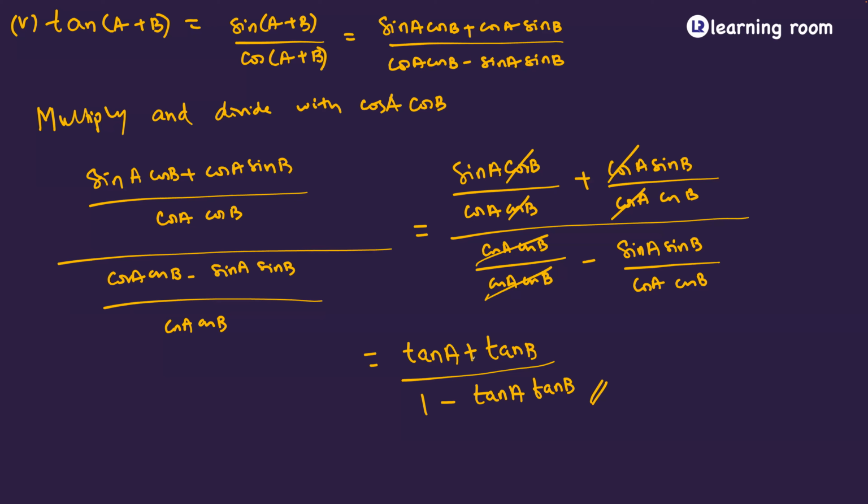See, just a point. In your textbook, instead of a and b, they gave it as x and y. They both are same. Remember this in mind: wherever sine is there and you're expected to write it in terms of tan, all that you need to do is divide and multiply with cos.